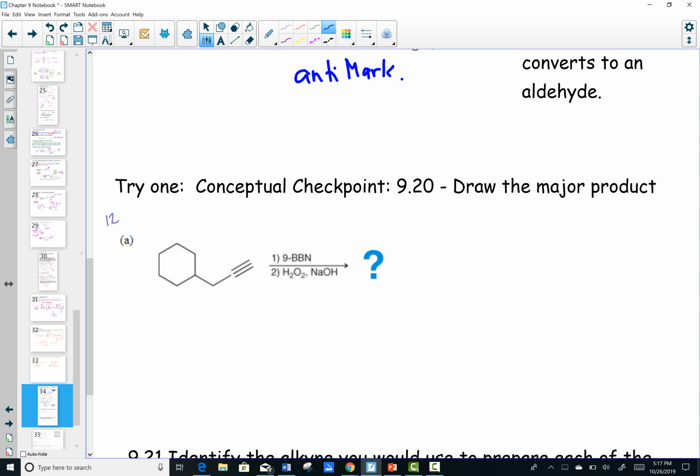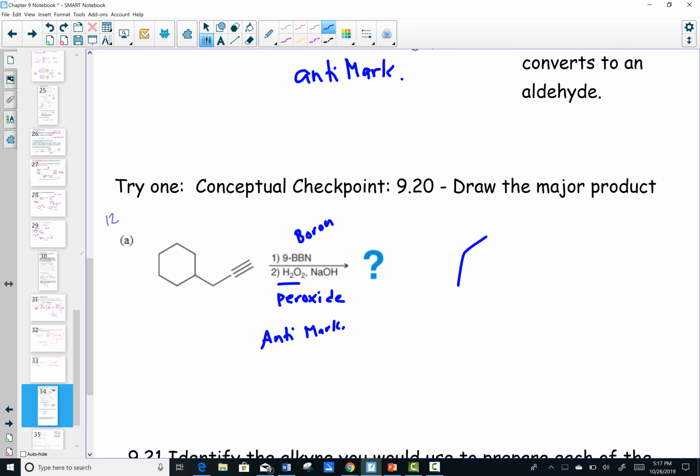Here is a problem where I see the reagents 9-BBN. B stands for boron. I mentioned that boron often exists as a dimer, one connected to another. And I noticed that there is peroxide on the arrow as well. Those are my two keys that my head has to say Anti-Markovnikov.